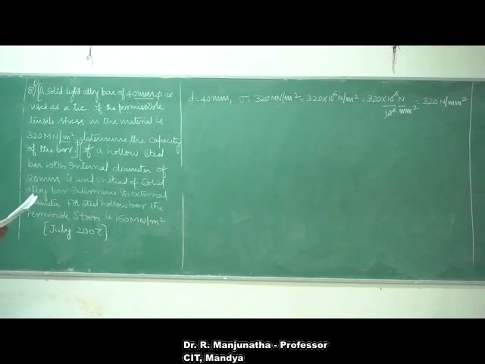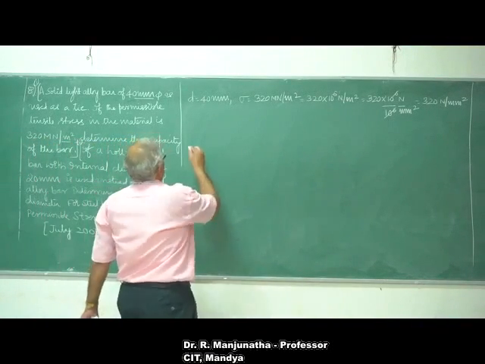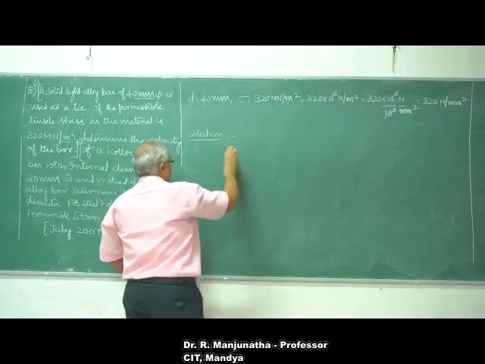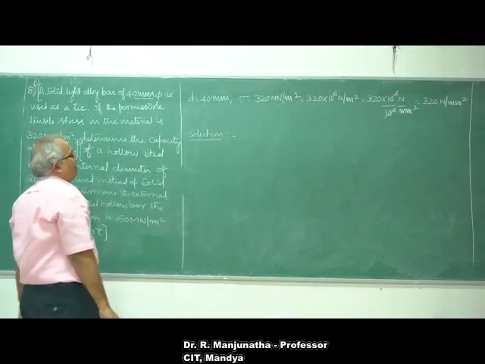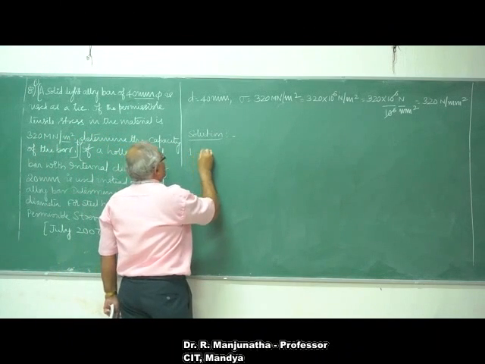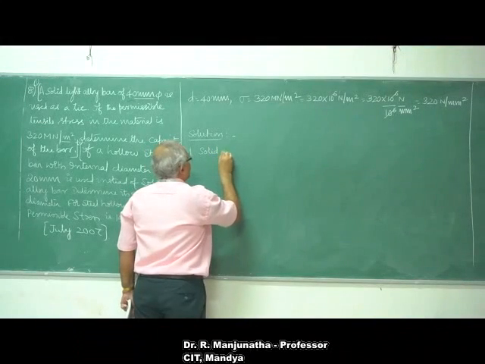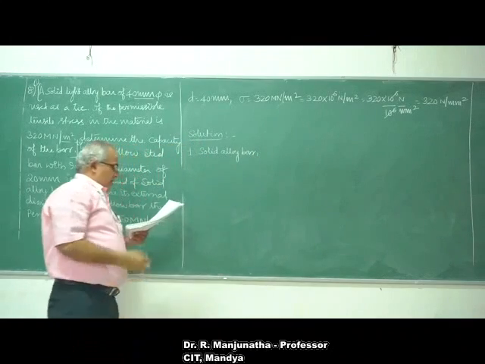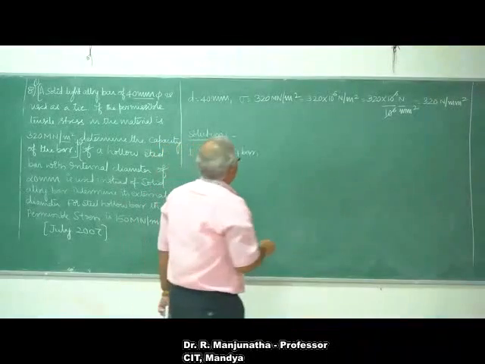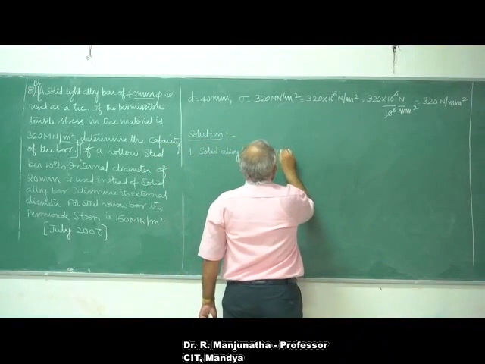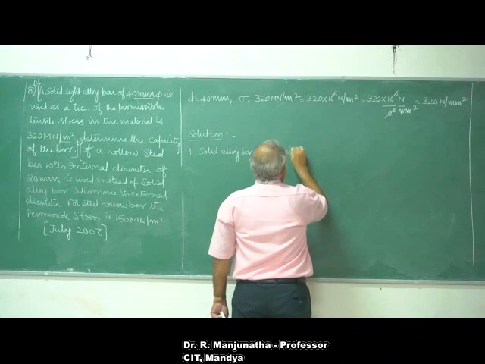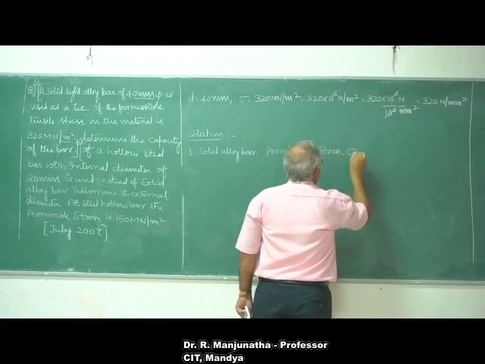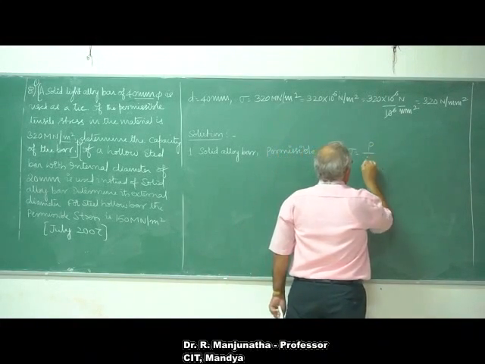Now, first we are going to find out the solution for this. The solution is going to be, first for a solid alloy bar. So first we are going to consider the solid alloy bar, wherein the permissible stress sigma is given by load by the area of cross section.